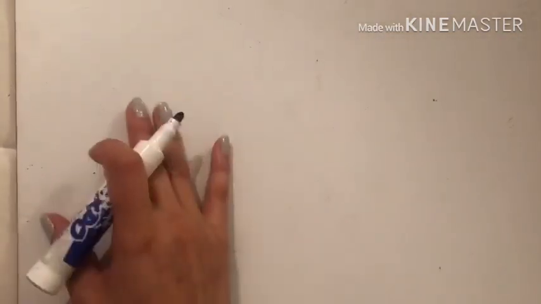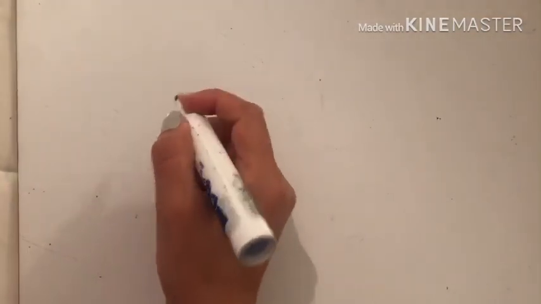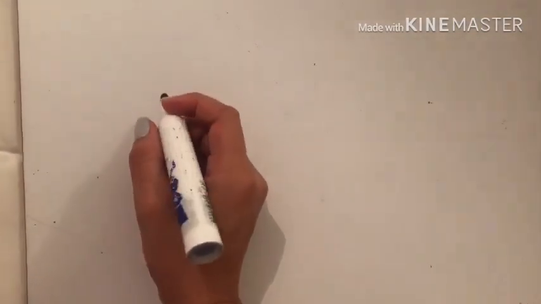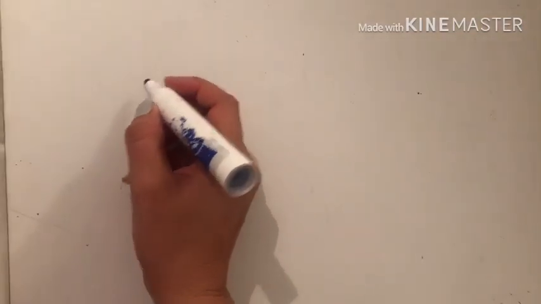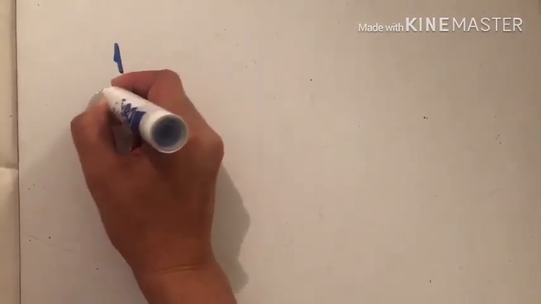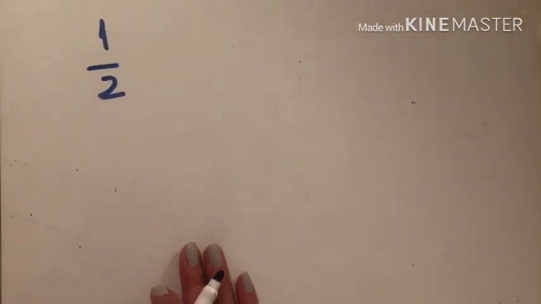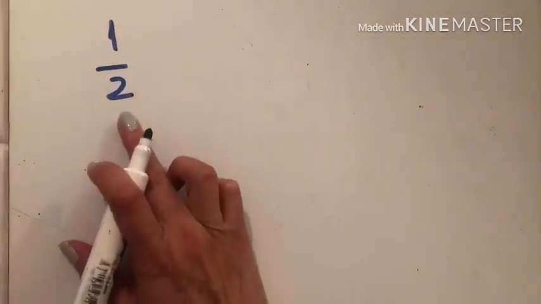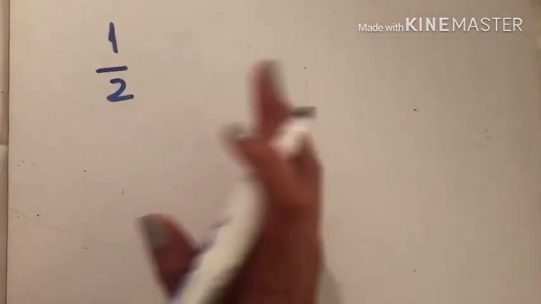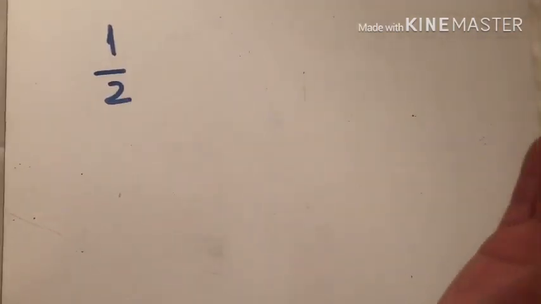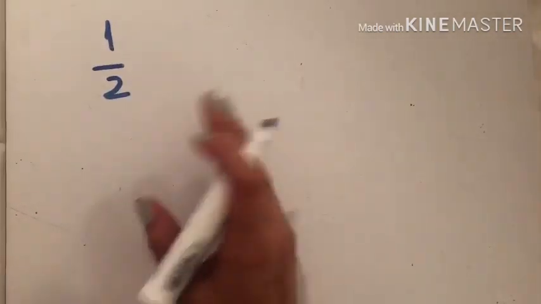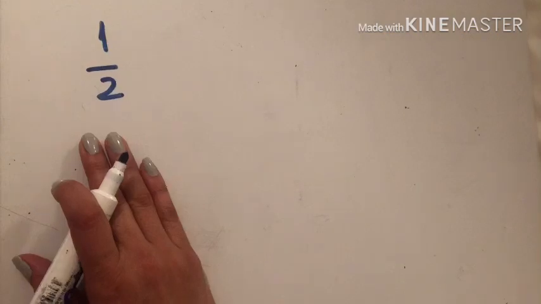And before we do, I would like to review really important concepts before we start with the class of the day. So we're going to practice to see if you remember how to identify fractions that are greater than one whole, or less than one whole.